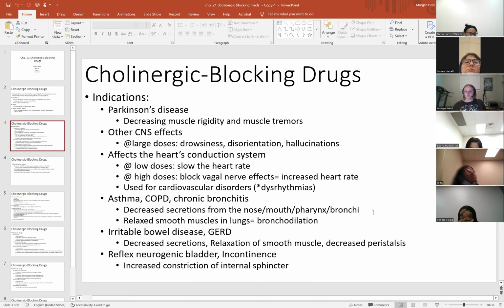Because that's what the parasympathetic nervous system does to the urinary tract. It opens up that urinary sphincter so that we can let the urine out. So it's literally going to tell the bladder not to do that, which is going to stop as much urine from leaking out, because it's not going to be open as much. So that's another way that we can use these medications to treat overactive bladder or incontinence.